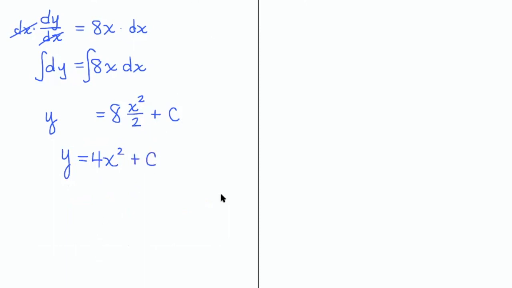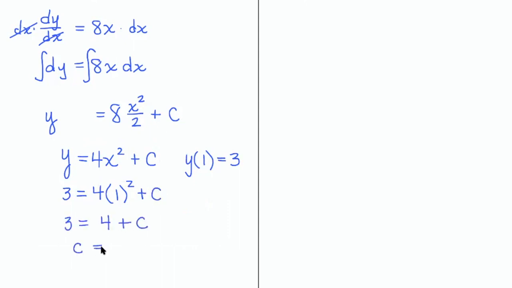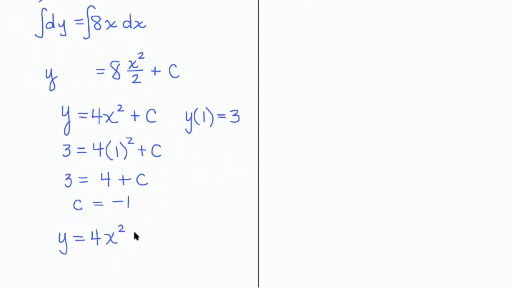Now I can take my initial value, which is at 1. I know the output is 3. I can substitute those into this equation to find c. And clearly, c would need to be -1. I was able to determine the whole equation, including the constant.